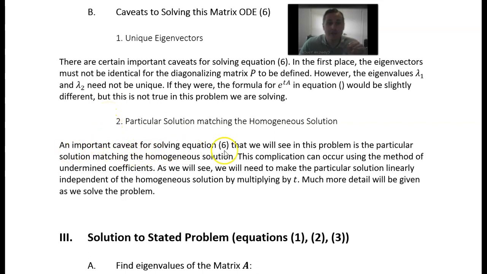By the way, that actually does occur in this problem. This complication can occur using the method of undetermined coefficients. As you will see, we will need to make the particular solution linearly independent of the homogeneous solution by multiplying by t. More detail will be given as we solve this problem.